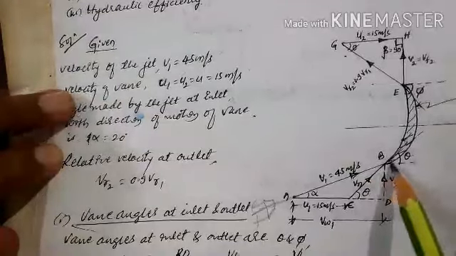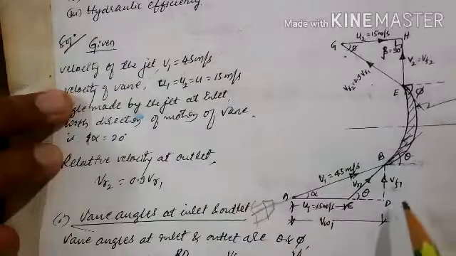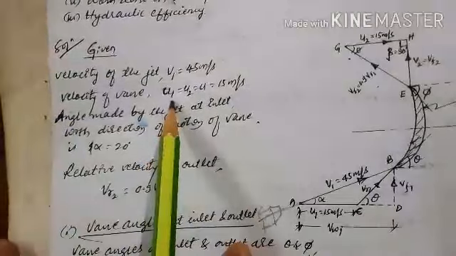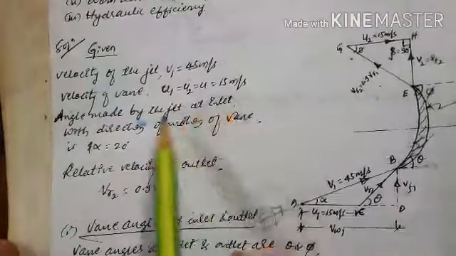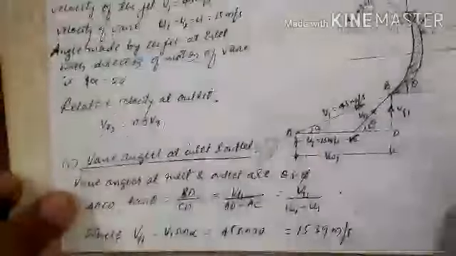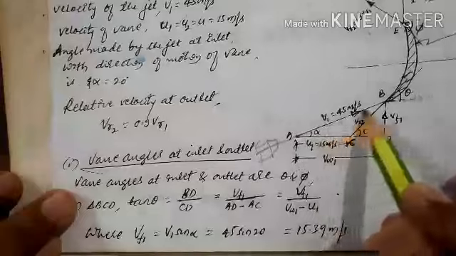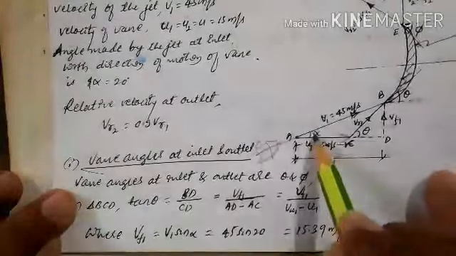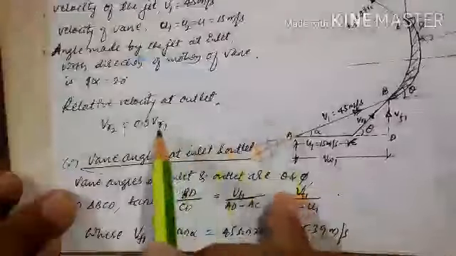When it strikes, the vane starts moving, that is the vane velocity u is given, u1 equal to u2 equal to 15 meter per second. The angle made by the jet at inlet with the direction of motion of the vane, that is alpha, is also given, 20 degree.